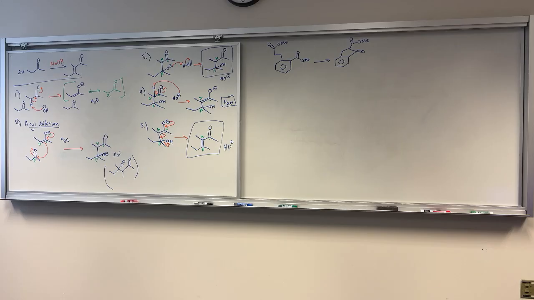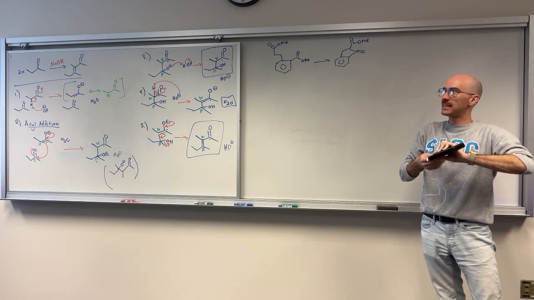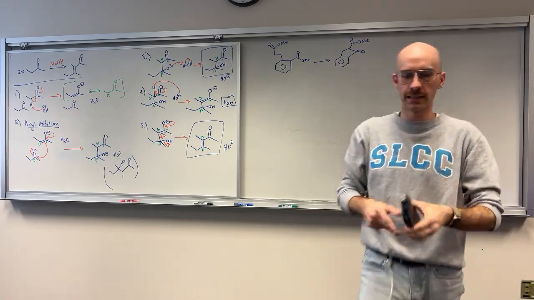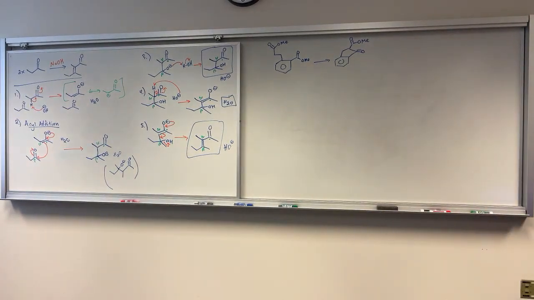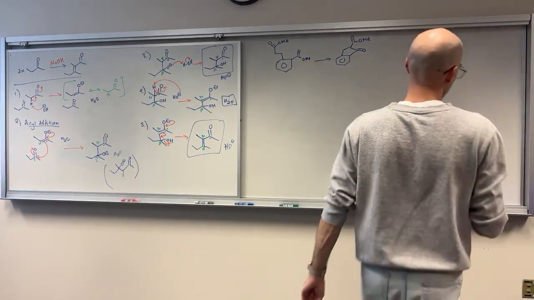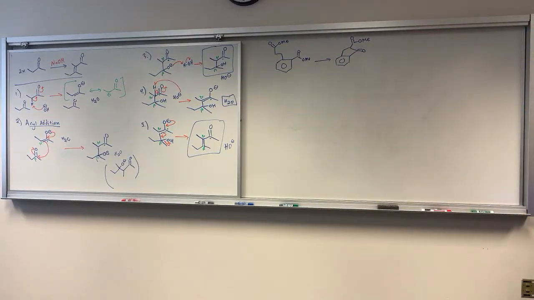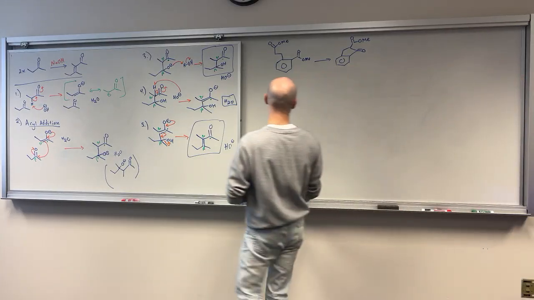It needs to match the ester linkage, and we have two methyl esters. Is this technically a Claisen condensation or a Dieckmann condensation? This is a Dieckmann condensation because it's intramolecular. They're connected. It forms a ring.